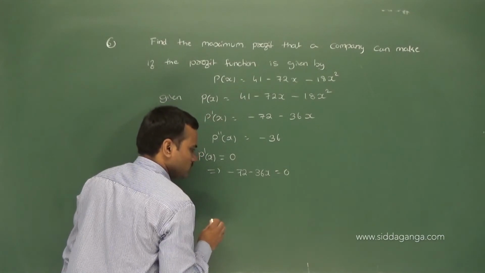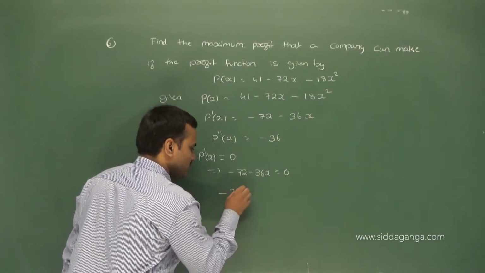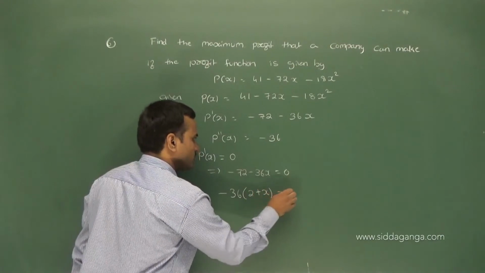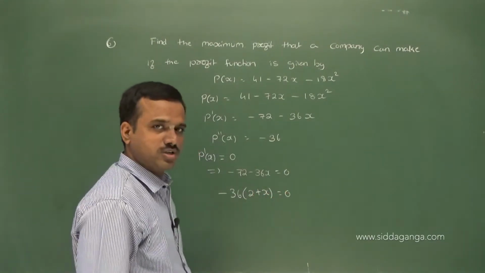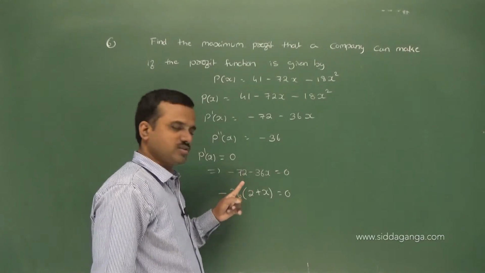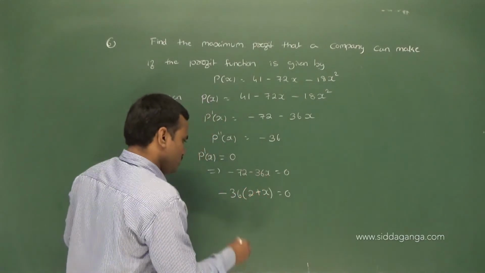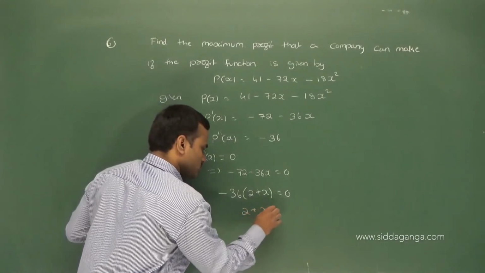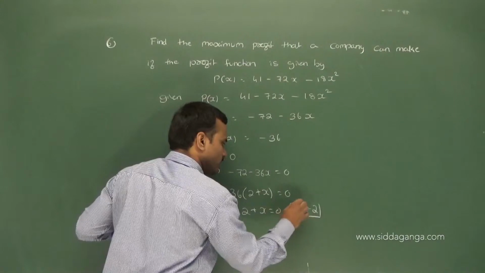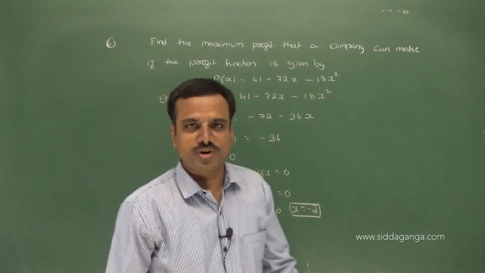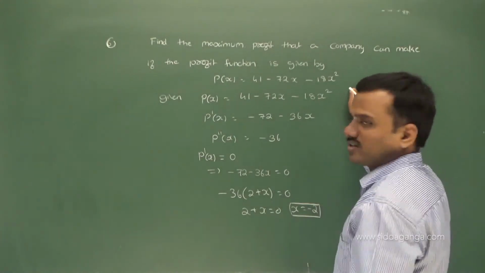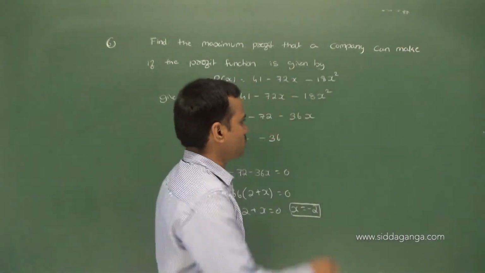Better, minus 36 we take common, 2 plus x is equal to 0, because minus 36 I take common. 36 2s are 72. So 2 plus x is equal to 0, x is equal to minus 2, the only critical point.